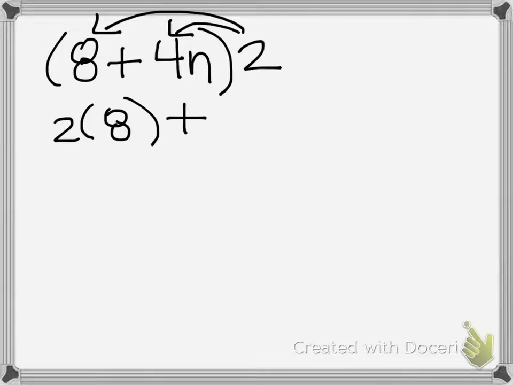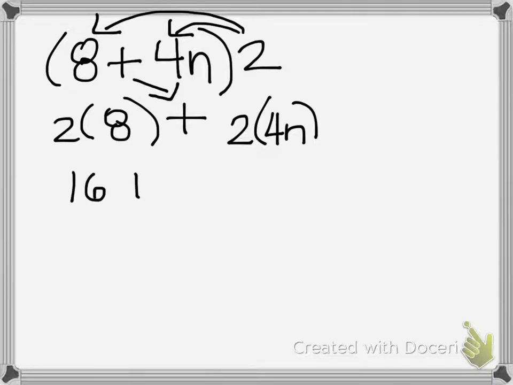I keep the same operation and bring it down inside the parentheses, and then I'm going to multiply 2 times 4n. So I can keep simplifying this to be 2 times 8, which is 16. And then I could do 2 times 4, which is 8, times n, which is 8n.